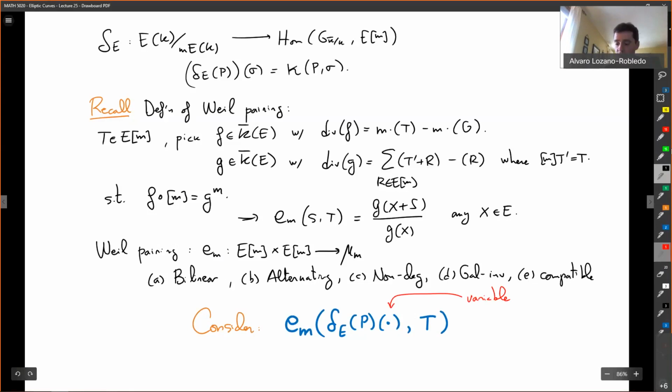Then what happens? Then this is something that is a hom from the Galois group into mu_m.